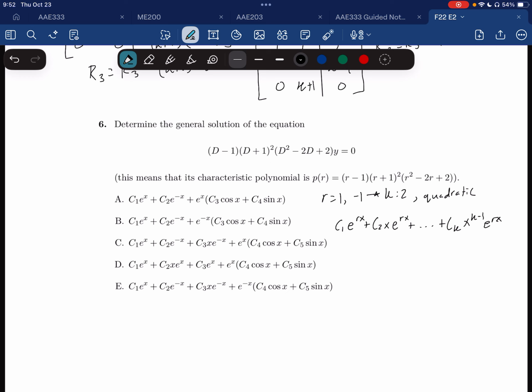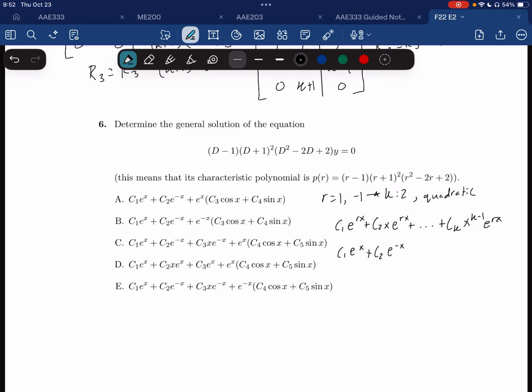So let's look at this. You have r equals 1, so you have c1 e to the x. You have -1 plus c2 e to the negative x, but you have -1 two times.